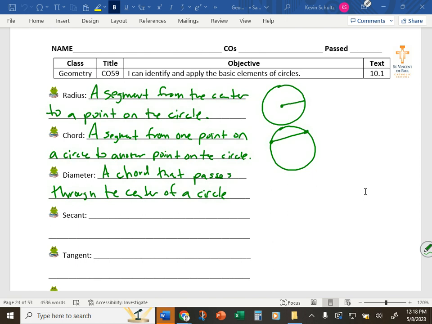So when you first learned about circles growing up, you learned about the diameter and the radius. We use those measurements, radius in particular, with area and surface area and volume of spheres and all that sort of stuff. But the diameter is a very special chord. It starts on a point on the circle, and it goes to another point on the circle, but it does pass through the center.